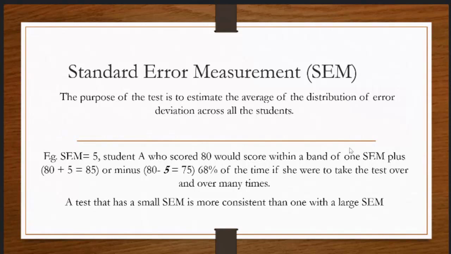The purpose of this is to estimate the average distribution of error for the students. A test with a smaller SEM should be considered more consistent than one with a bigger SEM. Next slide, please.